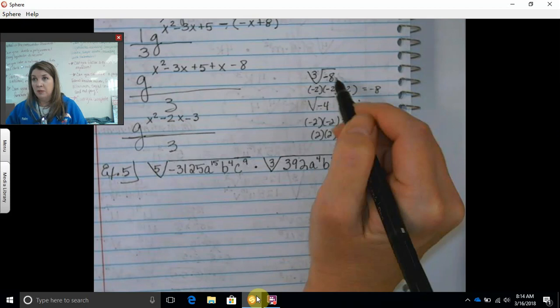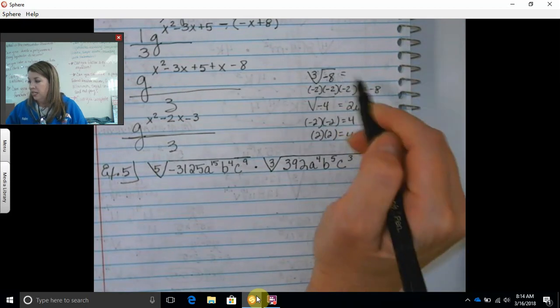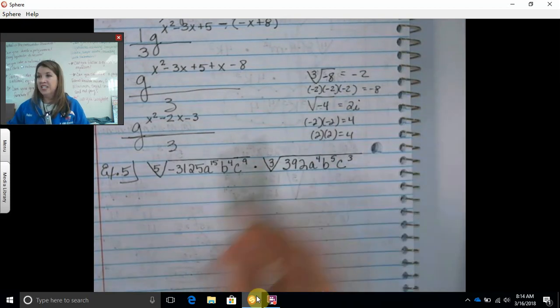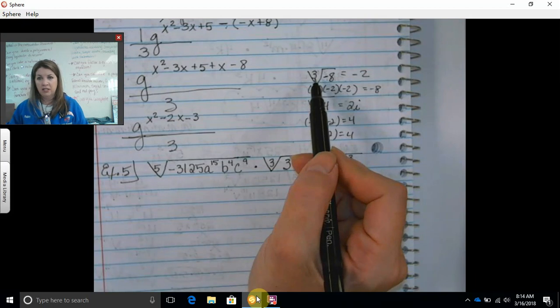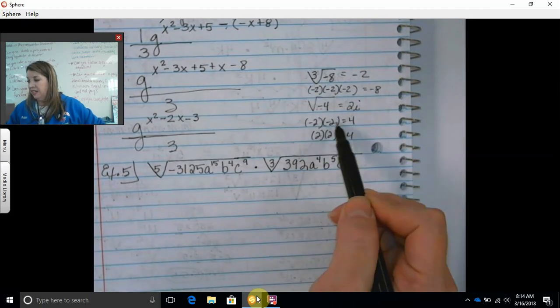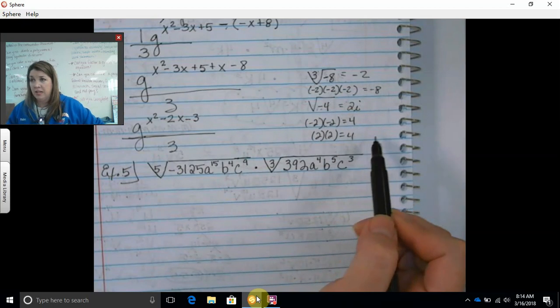So is it possible to take the cubed root of negative 8? Yeah. It's negative 2. If your index is odd, you're not going to get an imaginary number, okay? Because you can do that. It's odd. You can take the cubed root of a negative. If it's even, a negative times a negative is a positive. A positive times a positive is a positive. It's going to be imaginary.